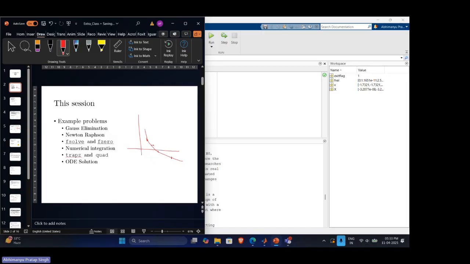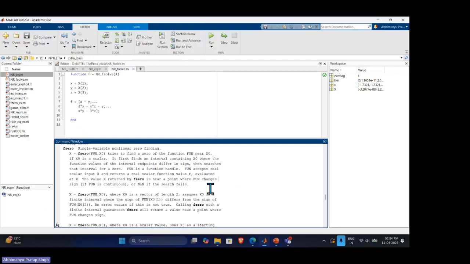If I calculate the product of this value and this value, that is positive, which means I don't have any 0 between these 2 points. Similarly, if I calculate the product of this value and this value, it's negative, which means the 0 is between these 2 points. So I replace this point with this point, and I continue doing so until I get a 0. That is basically what fzero is trying to do also.